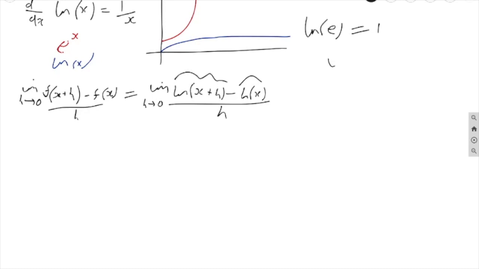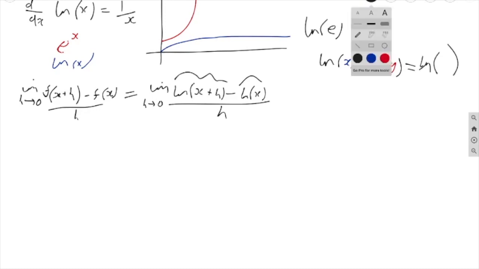What I mean is, if you have ln of x, and from that we minus ln of y, for instance, that is equivalent to saying ln of x divided by y. Okay?